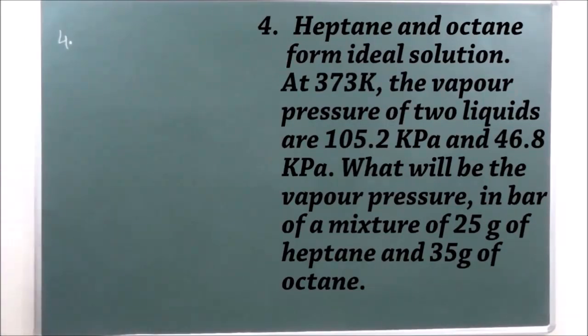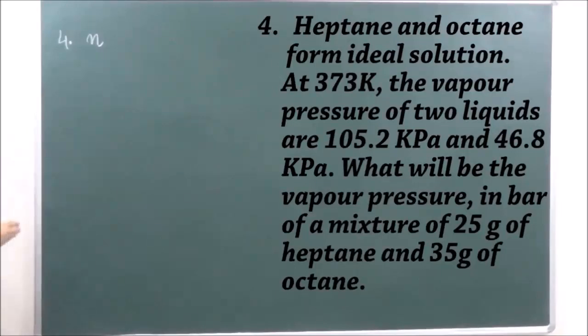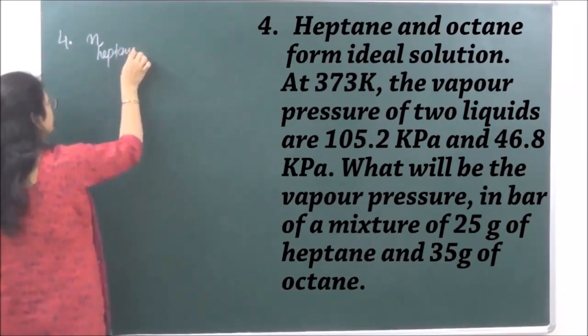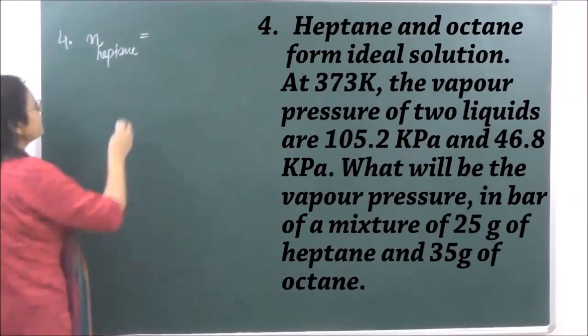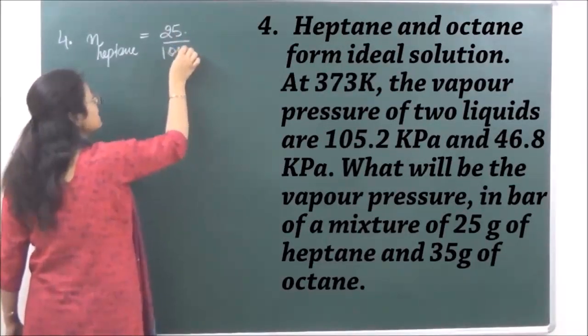Right? Again, let's calculate the number of moles first. So we are calculating number of moles of heptane. The weight given of heptane is 25 and the molar mass of heptane is 100.